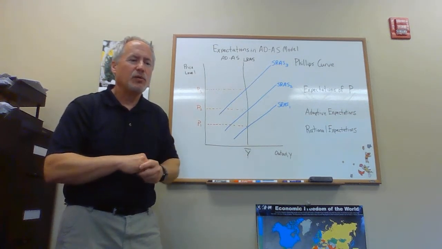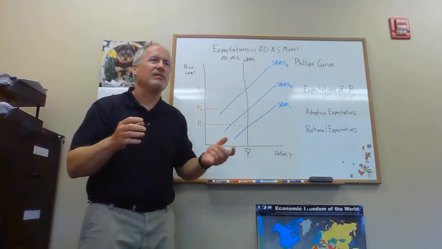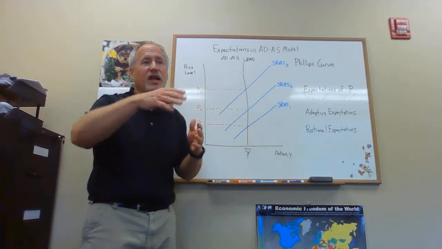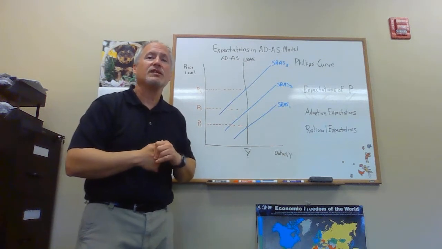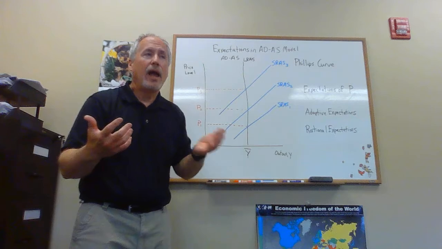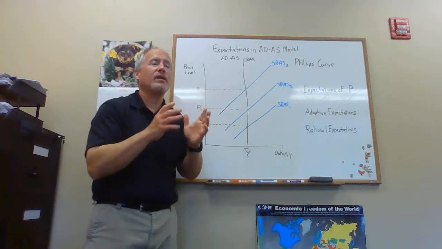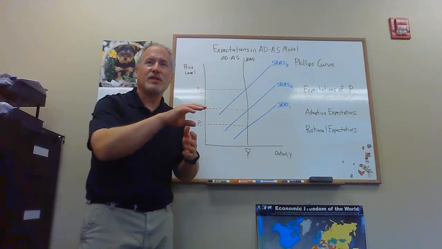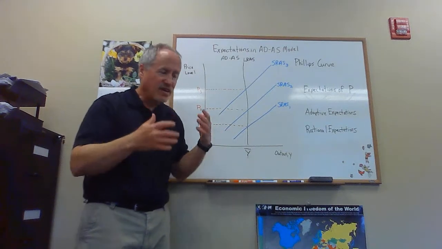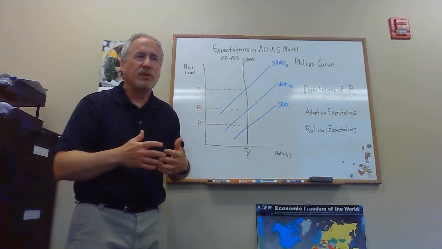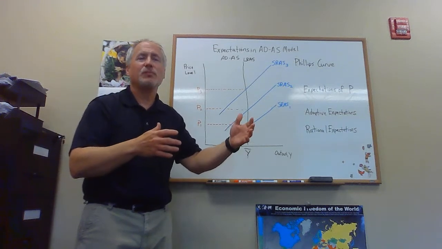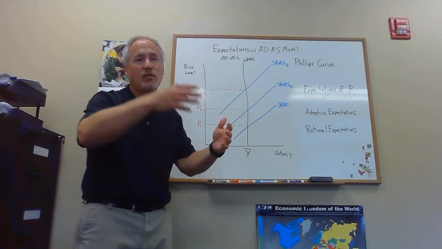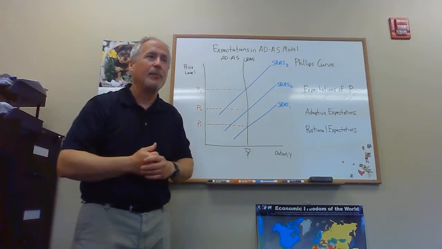It would be like taking the average temperature over the last 5 days, and you see what the average is, and then that's your forecast of what you think the temperature is going to be the next day. And you might even do a weighted average, where you put more weight on what the temperature was the day before. A very, very simple version of adaptive expectations would be what's known as persistence. Whatever the temperature was the day before, that's the temperature you expect today.